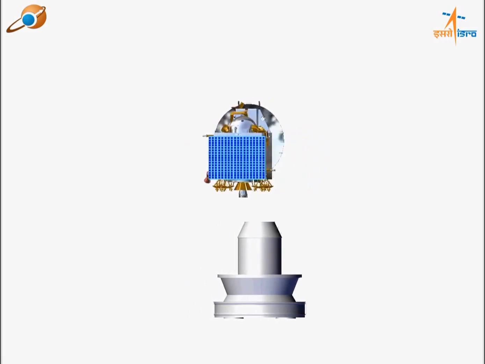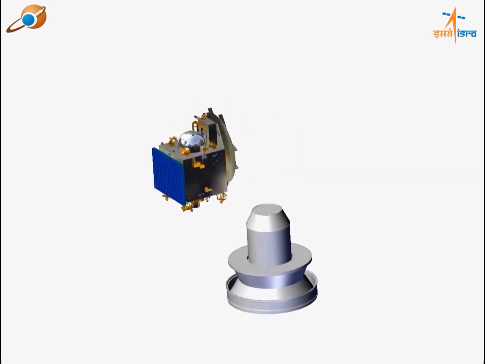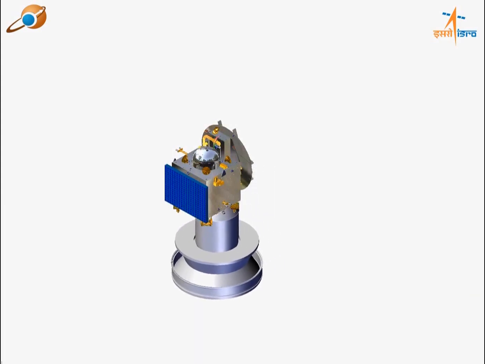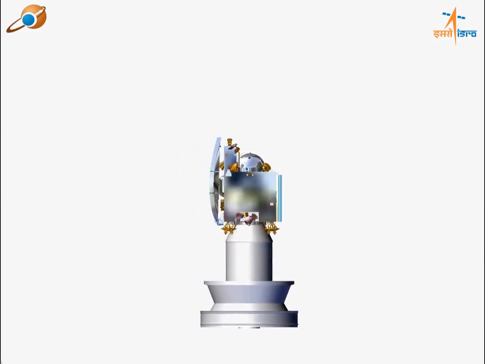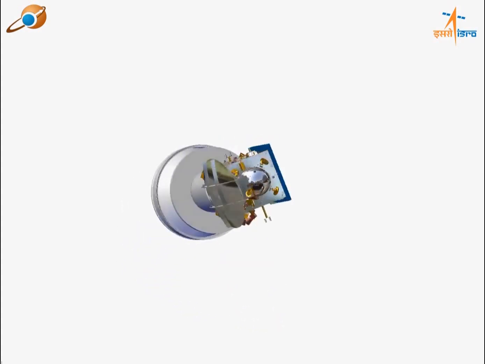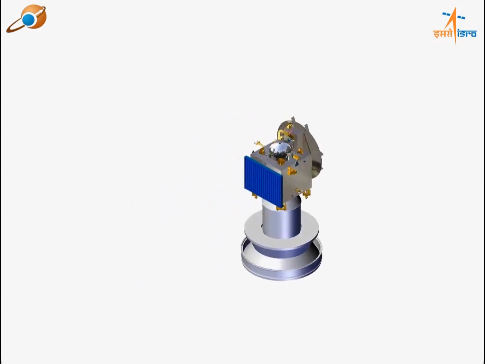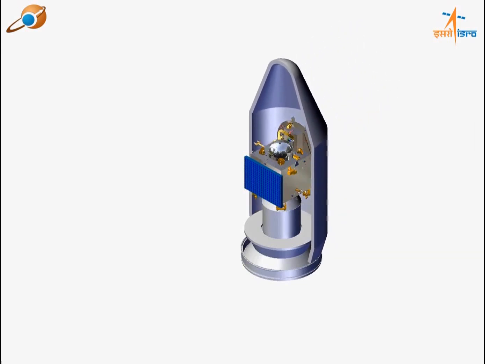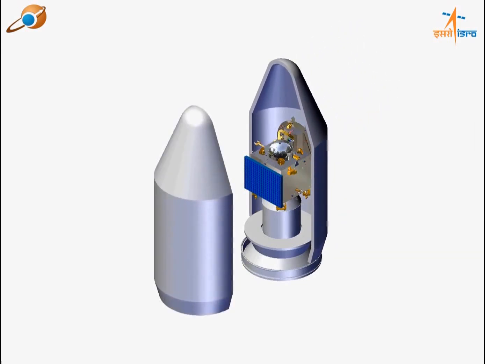The spacecraft interface ring is assembled onto the launch vehicle through the payload adapter using a 937 VB clamp band separation system. The usable volume of the PSLV envelope is 2.9 meter diameter. The heat shield is closed after the successful integration of the spacecraft onto the launch vehicle.